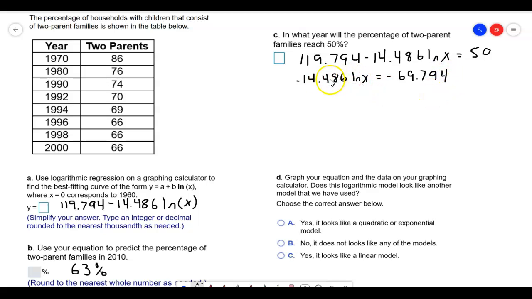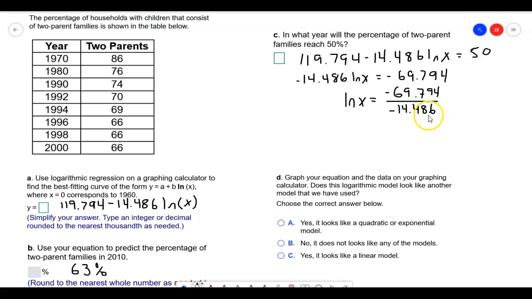All right, now I'm going to divide both sides by negative 14.486. So the natural log of X is equal to negative 69.794 all over negative 14.486.